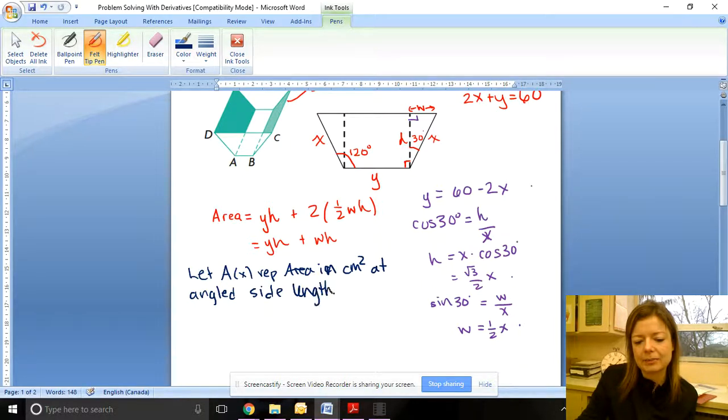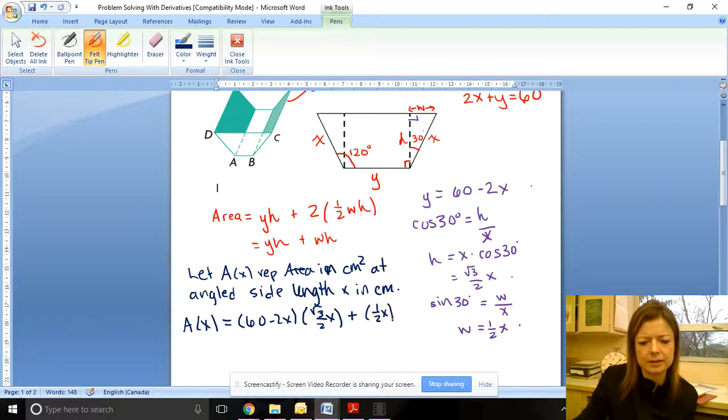X in centimeters. Okay, so A at x equals y, so (60 minus 2x) times h, so root 3 over 2 x, plus w, so 1/2 x, times h, so again, root 3 over 2 x.